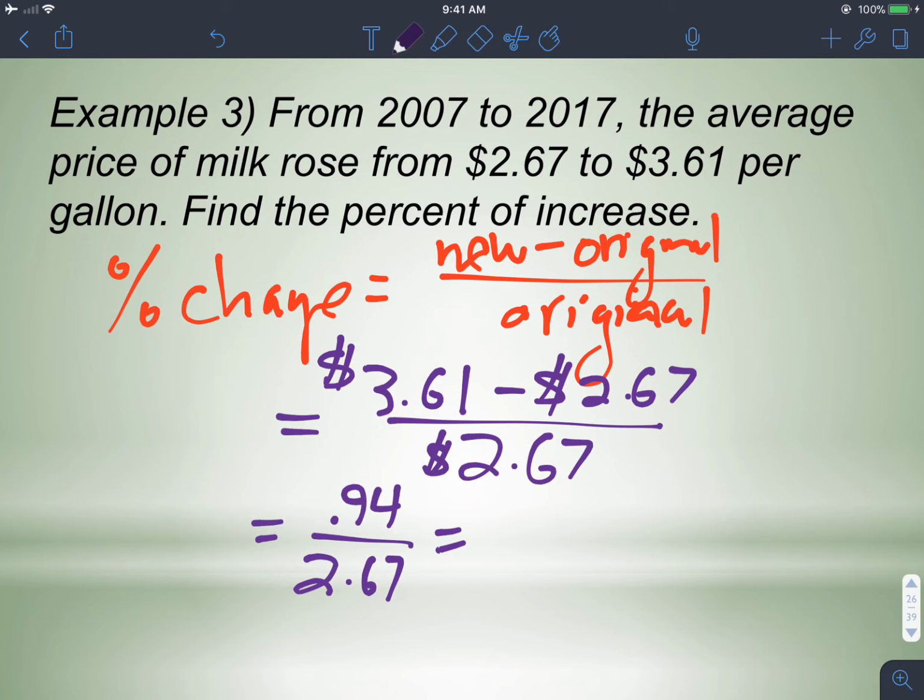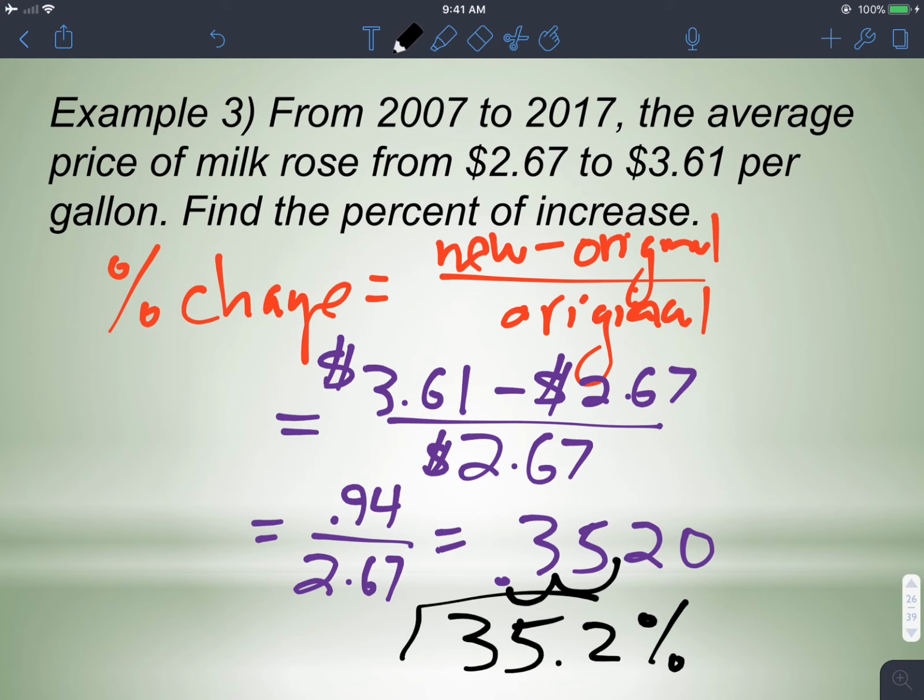Divided by 2.67 is 0.352. But just make that a decimal a percentage. So multiply by 100. 35.2%. Increase.